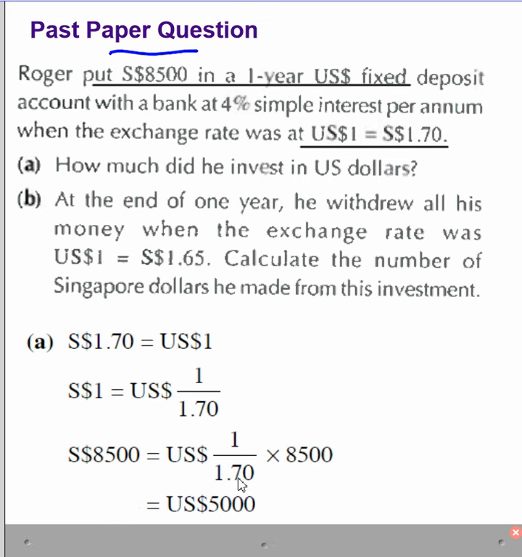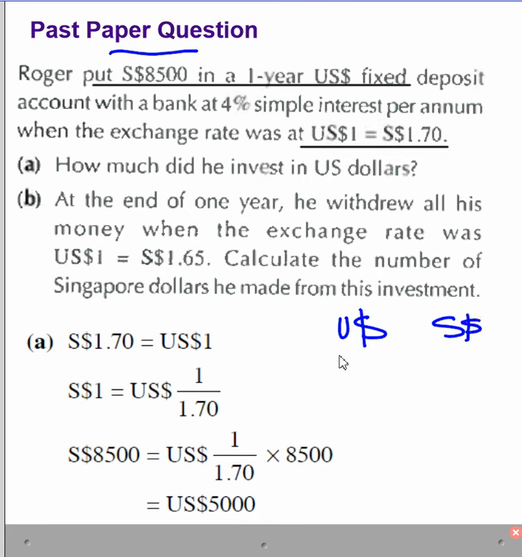By the way, if you see here, why did I take it? Some people are very much used to the unitary method. They want to know, okay, 1 Singaporean dollar will be equal to how many US dollars? You don't need to do this if you are not comfortable with that method. You can straight away write here, for example, US dollar and here Singapore dollar.